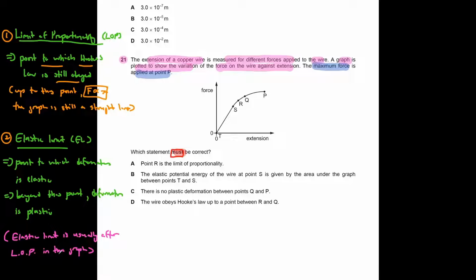It doesn't come before. Okay, so with that in mind, let's just look at a few answer choices that you have here. Now, A, they say point R is the limit of proportionality. You see R is here, right? Notice that this portion has started to curve. So therefore, F is not proportional to X anymore.